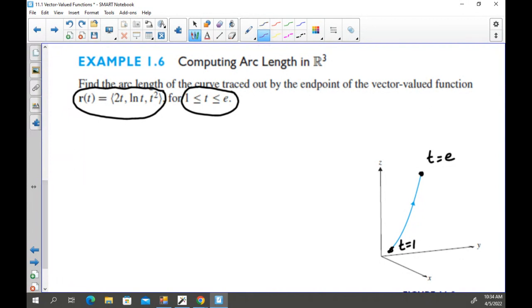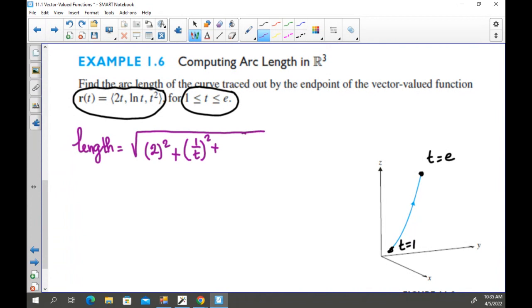Okay, let's do it. The length will be the square root of, what is f here? 2t, yes? So what is the derivative of 2t? 2. So to square. Are we okay with this? Plus 1 over t squared. Good.